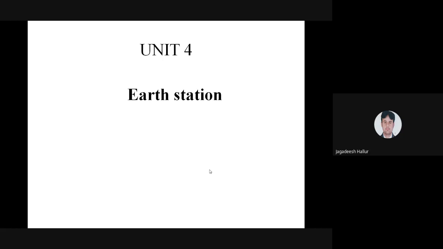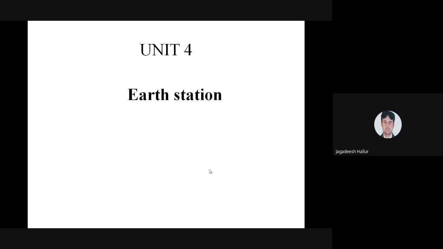What are the different types of Earth stations, what frequency bands are used, what is the architecture of an Earth Station, how a particular Earth Station is tested, and what RF equipment is used in it. Everything is done through the Earth Station itself.